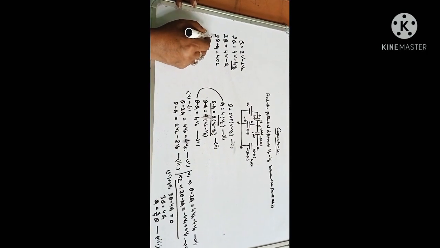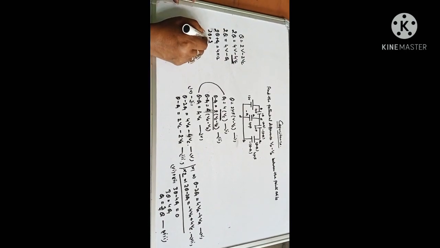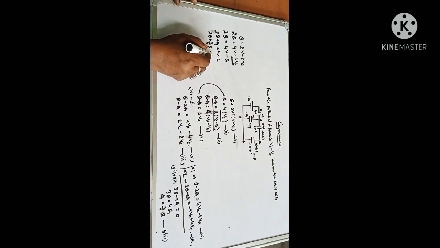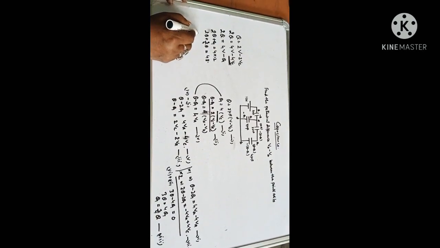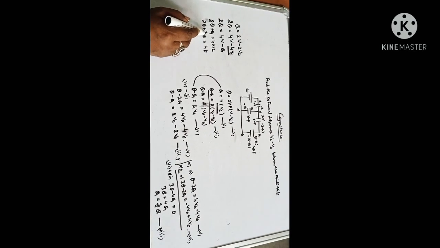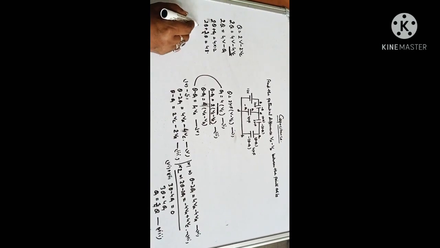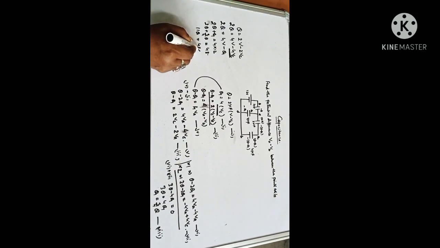So 2q, and q1 is 3 by 4 q, this is equal to 48. So here the LCM is 4, 8 plus 3, 11. So 11q is equal to 48 into 4.